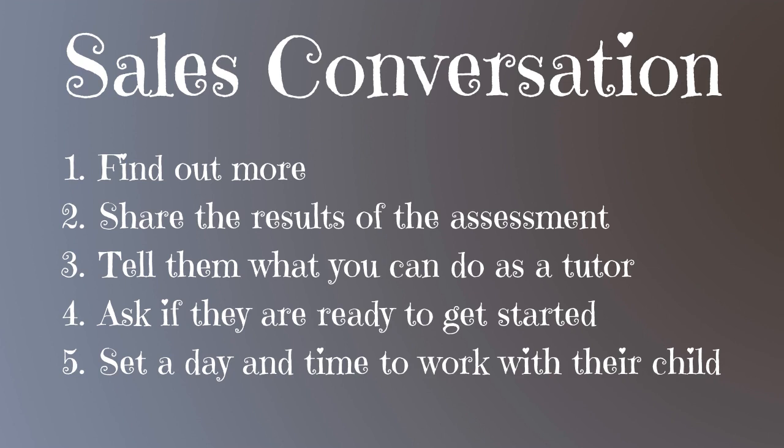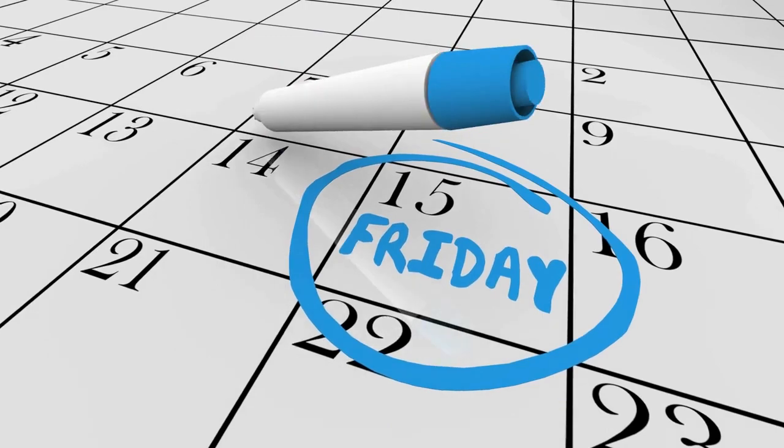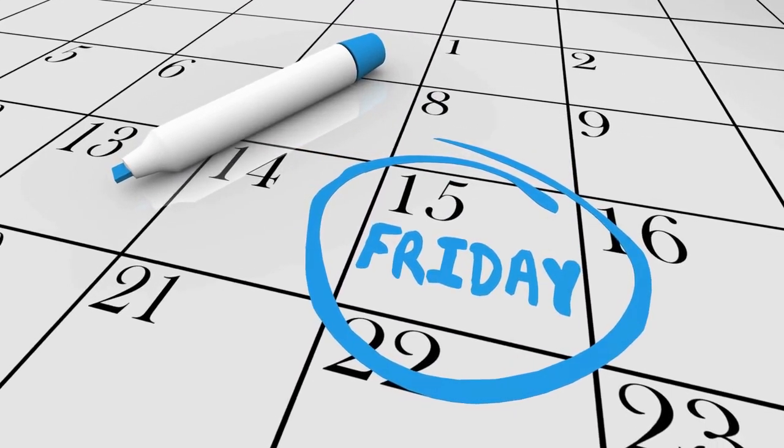Now, I personally have my students fill out a registration form. And on that registration form, they have the ability to tell me which days and times work. So that by the time I get to that final conversation, I already have checked my calendar to see which days work on my calendar and theirs, and I can suggest a time that will work for both of us.